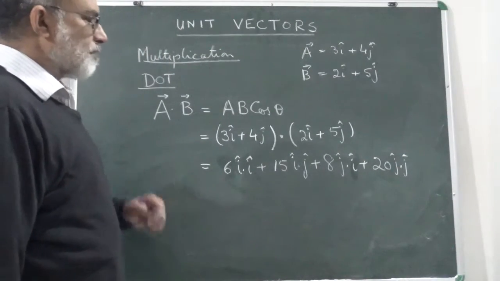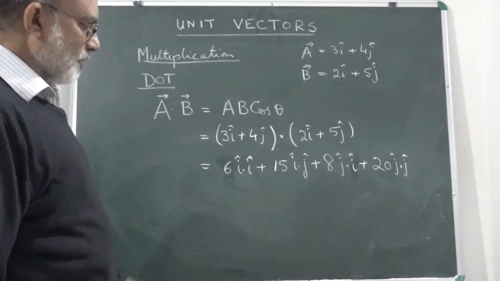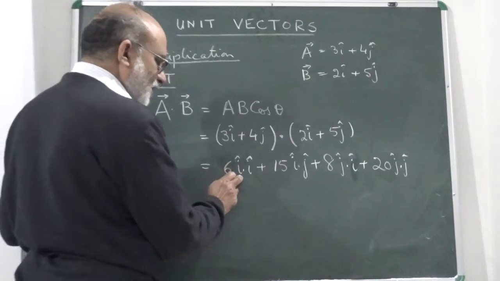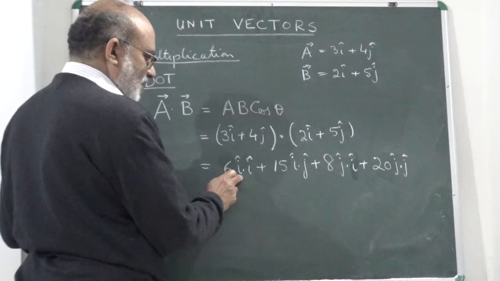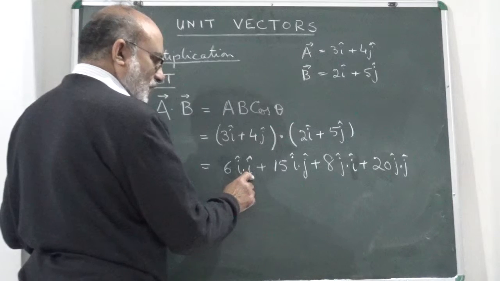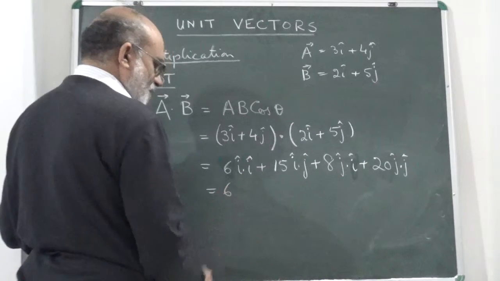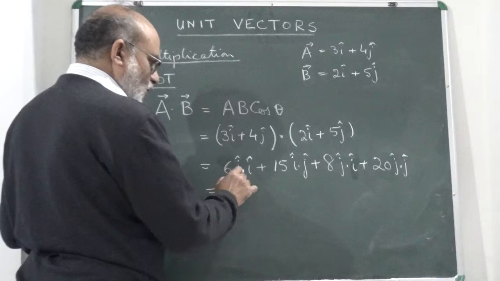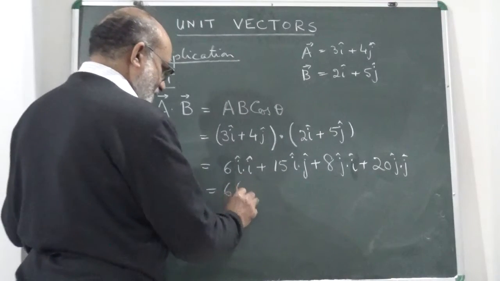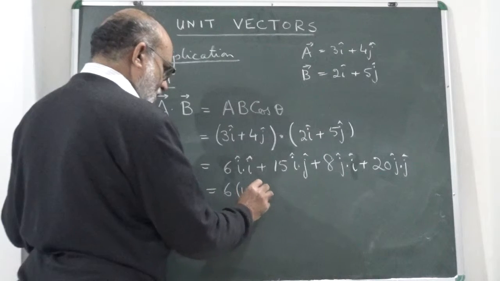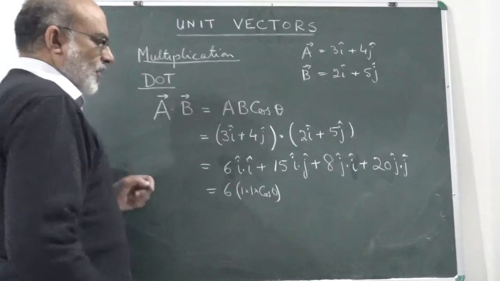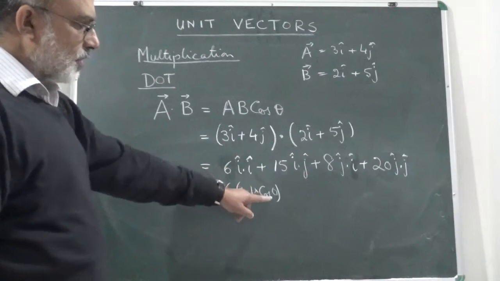Now i dot i is a unit vector along the x-axis, which means it has magnitude 1 and is directed along the x-axis, and this one is also directed along the x-axis. This means 6 into 1 into cos 0. Why? Because both are parallel, the angle between them is 0.